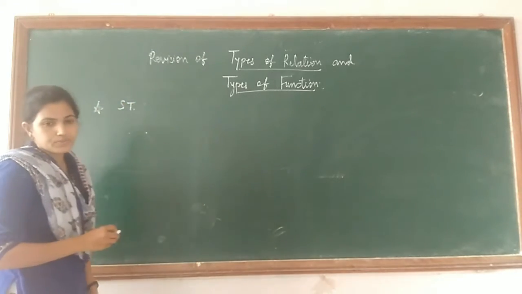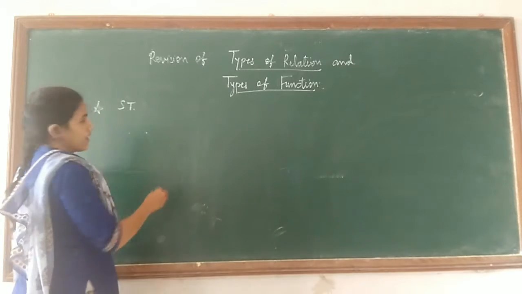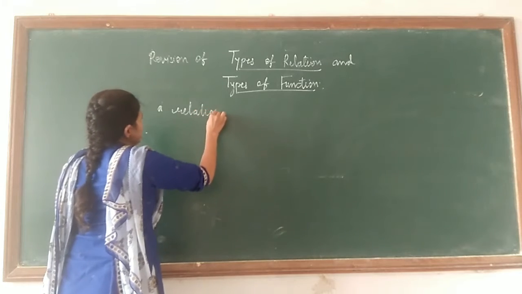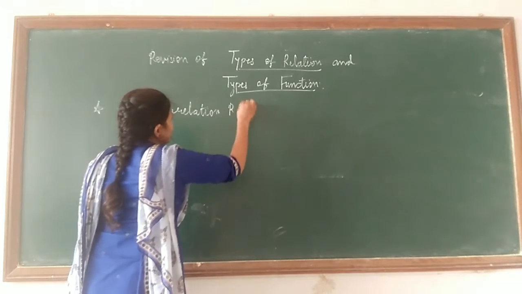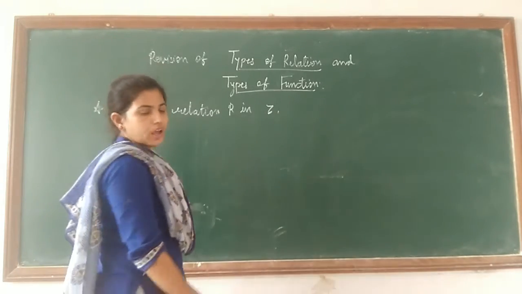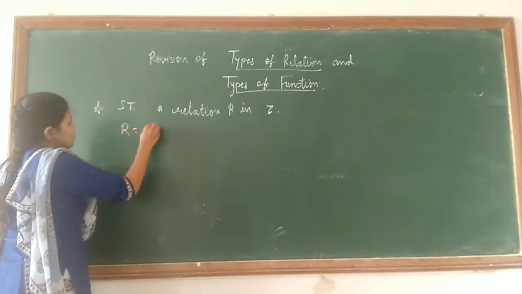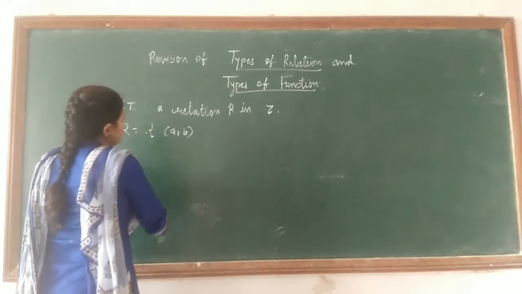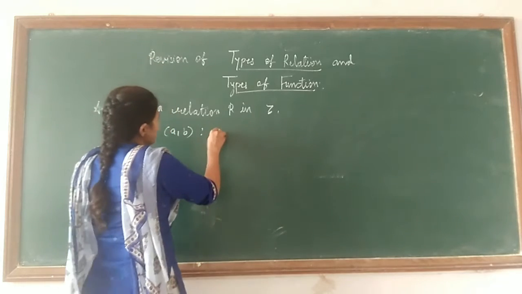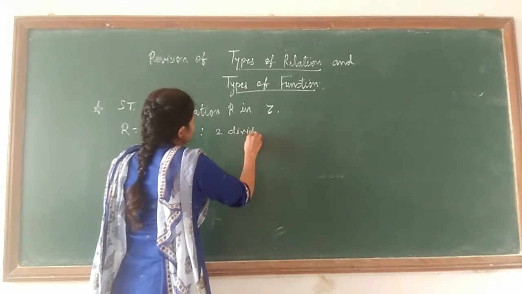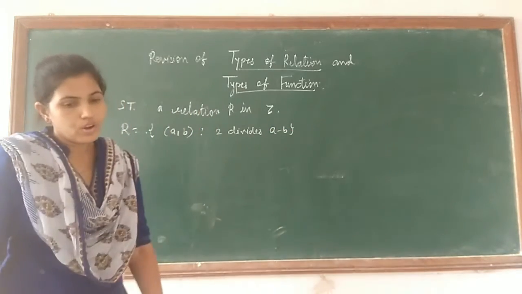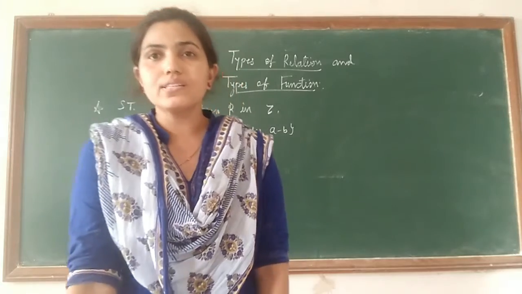The question is, show that the relation R in the set of integers, that is Z, given by R is equal to all those pairs (a, b) where 2 divides a minus b, is an equivalence relation.